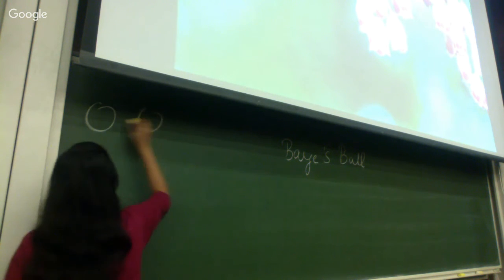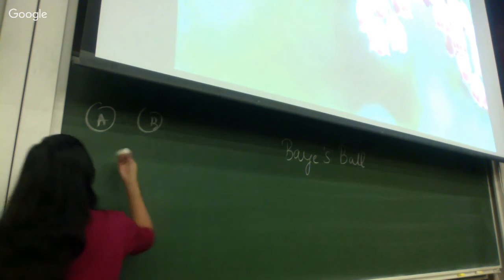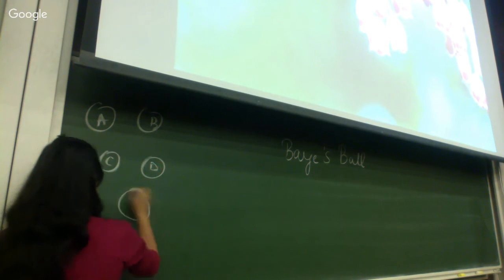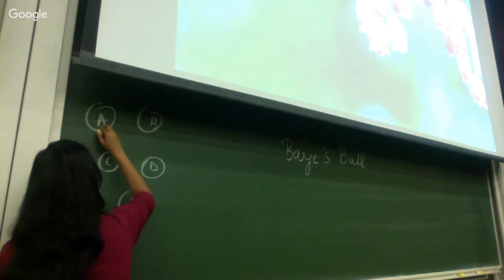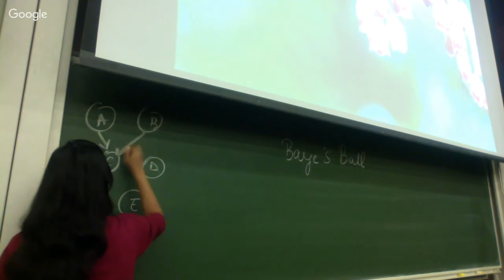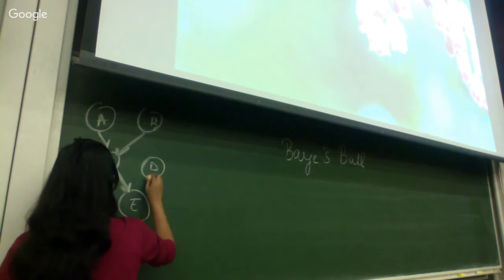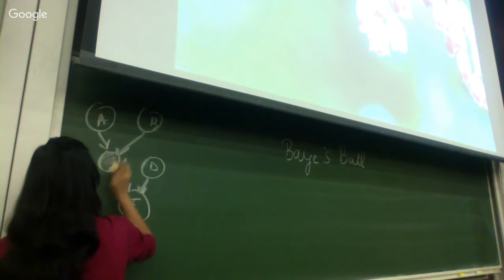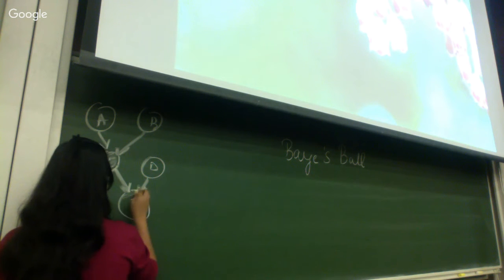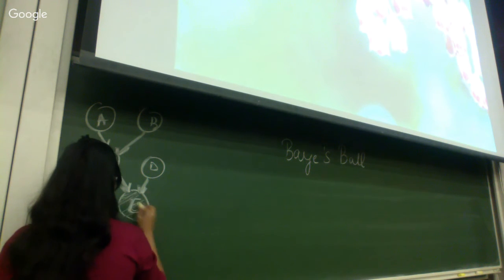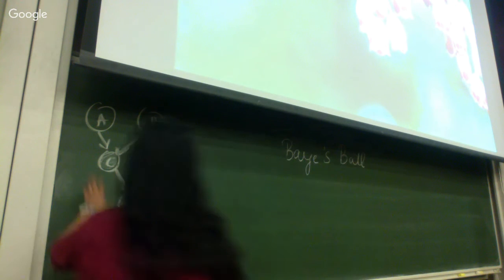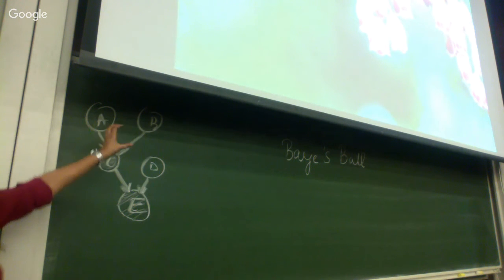If you remember the structure that we had for A, B, C, D, and E. Say you place a ball at one node.